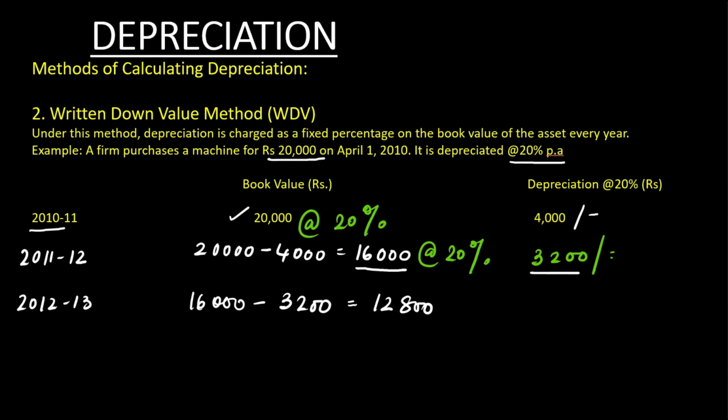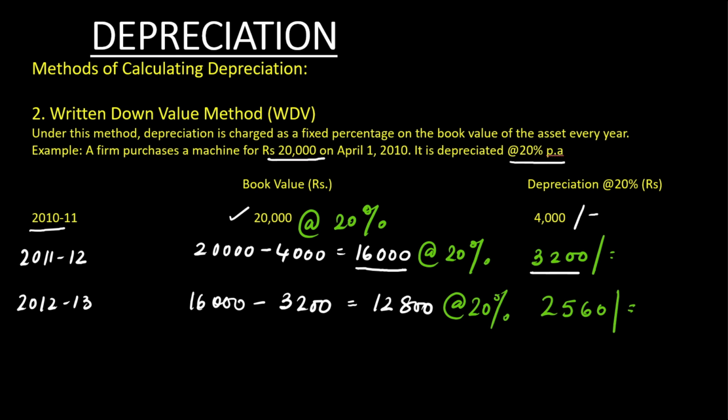This is the written down value of the machinery for the third year. On this I am going to calculate 20%. The amount charged as depreciation is 2,560. This is the amount which is taken as depreciation in the profit and loss account and in the balance sheet.